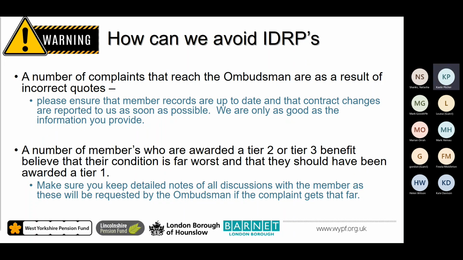So the other large area is that a number of members who are awarded Tier 2 or Tier 3 believe that their condition is far worse and that they should have been awarded a Tier 1. As you saw from the previous slide, more than 50% of complaints that get to the Ombudsman are to do with ill health. So make sure you keep copious, detailed notes of any discussions you had with the member.